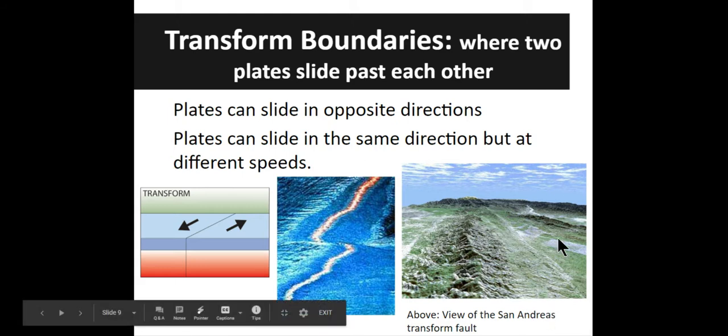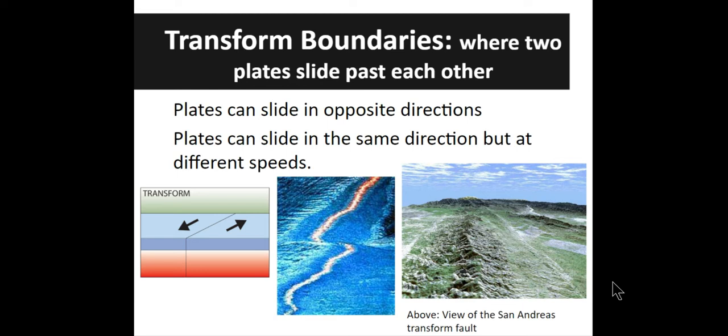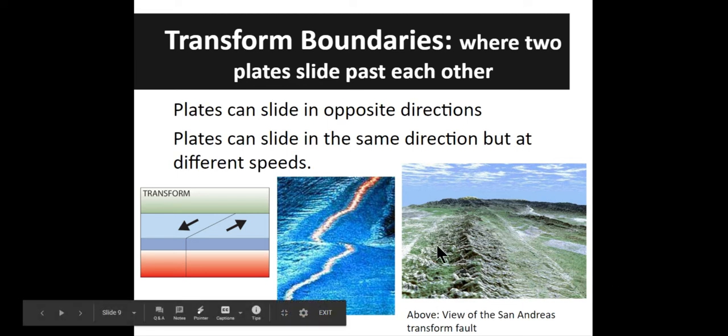A really good example of a transform boundary where two plates are sliding past each other is the San Andreas Fault. Most of California is on the North American tectonic plate, but some of it is on the Pacific plate. Those two plates are moving in different directions. One is moving toward the northwest, one is moving toward the southeast.